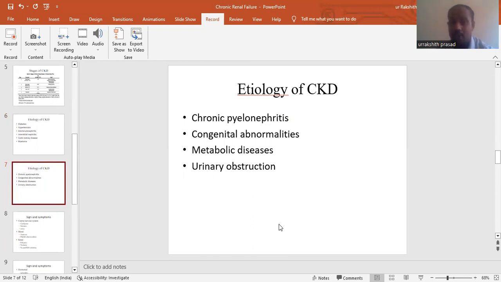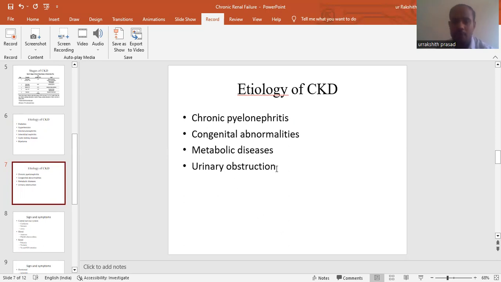Then congenital abnormalities: by birth, the patient may have chronic kidney disease. And any kind of metabolic disease like diabetes, or even impaired metabolism like hypothyroidism, may end up with chronic kidney disease if they are not taking proper care and the treatment is not given properly.